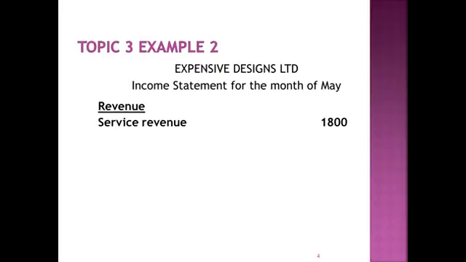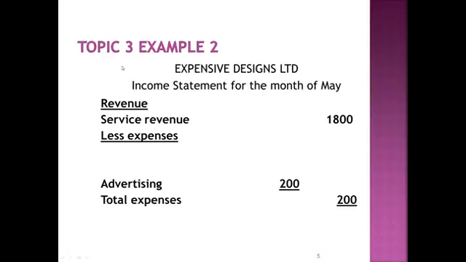From our transaction analysis table in the income statement column, we know that our service revenue is $1,800. So under revenue we're going to put service revenue $1,800, and then we're going to expand that to say less expenses. The only expense we have at the moment is advertising.